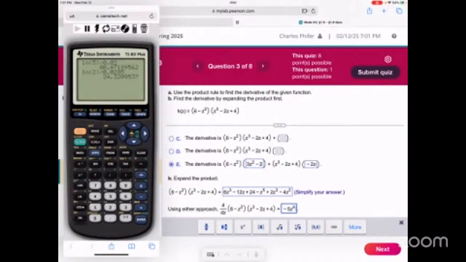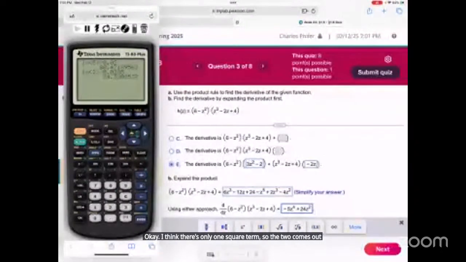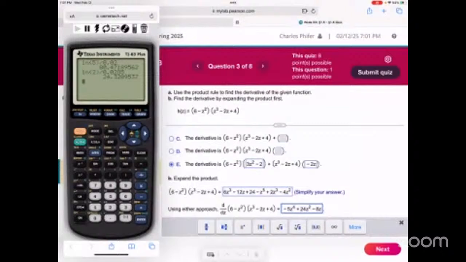Okay, we do have some like terms there. So 6 and 2 is 8. So then plus 24z squared. Okay. I think there's only one squared term, so the 2 comes down, minus 8z. The power of 1 to minus 12.